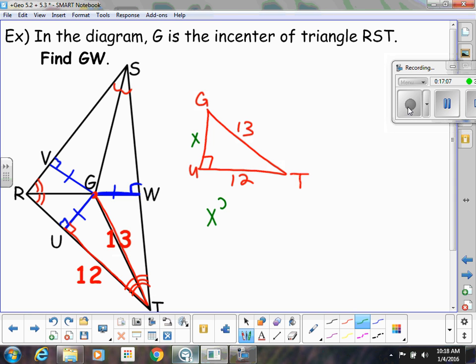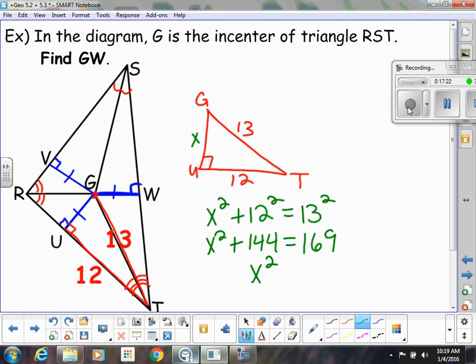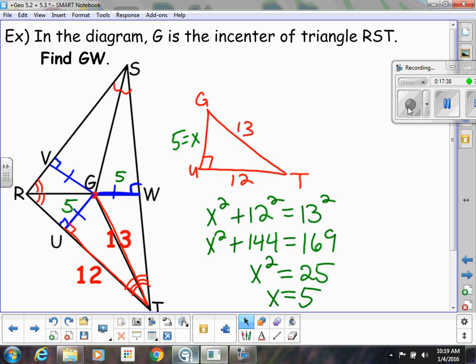So x squared plus 12 squared equals 13 squared. Then if we subtract, we get 25, so x equals 5. You might have also noticed that this is a Pythagorean triple, a 5, 12, 13 triangle. So if this is 5, then GW is also 5. We used that incenter to help us figure out that segment length.